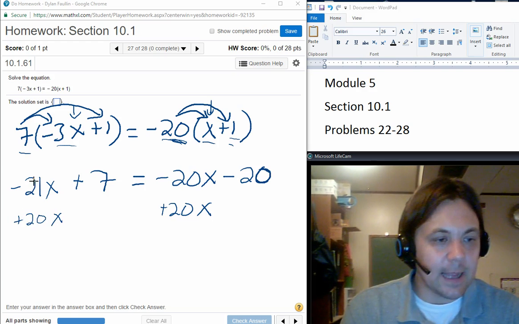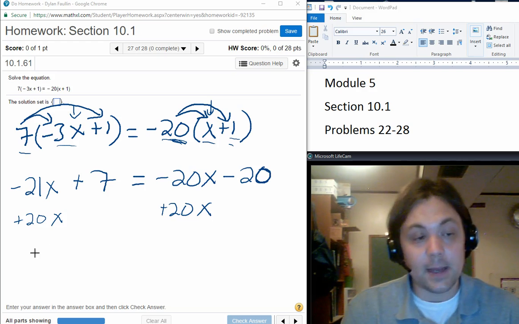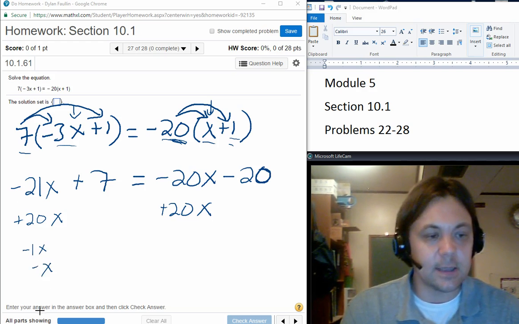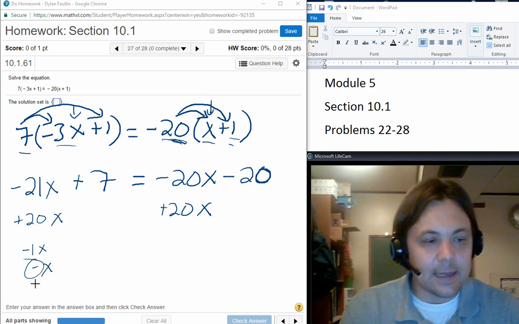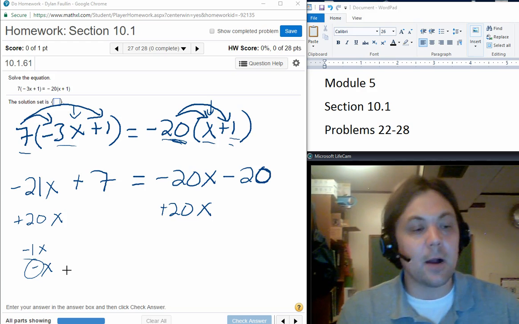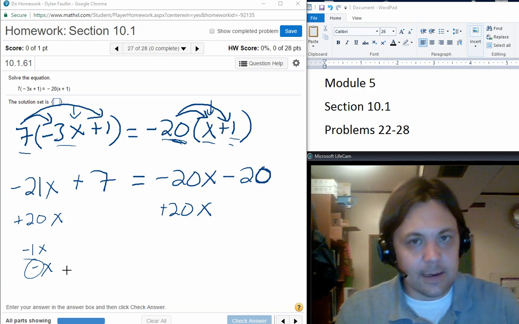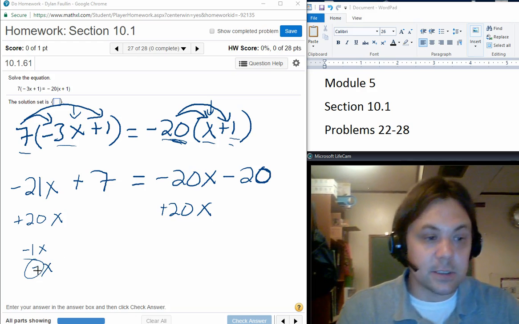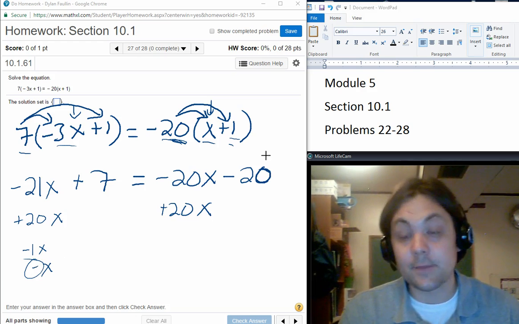But I can see what's going to happen here is I'm not going to end up with just x by itself, but I'll have negative 1x, which is to say just negative x. But I'll have that negative sign in front of the x, which is going to be annoying. And again, we haven't really talked about what to do about a negative sign in front of x. We're going to talk about that in section 10.2. So I'd rather just avoid having the negative sign in front of the x if I can.